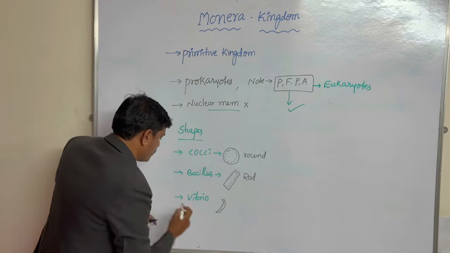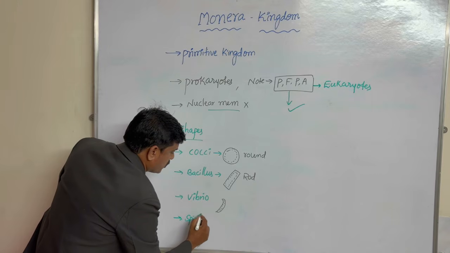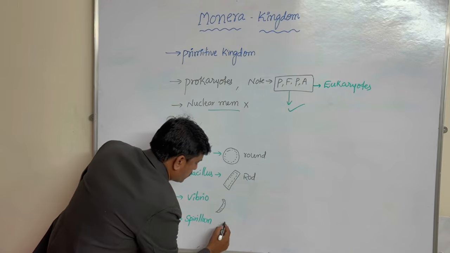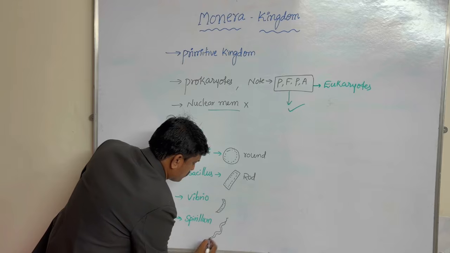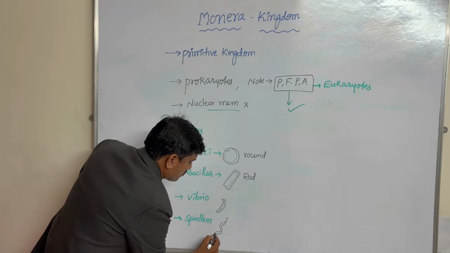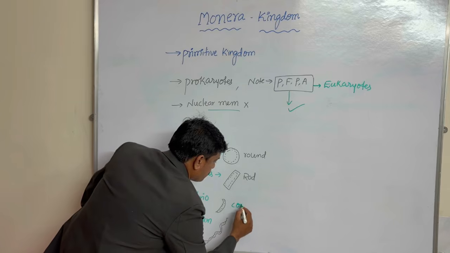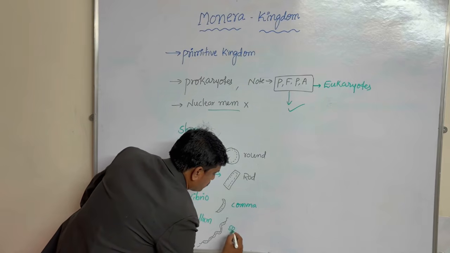The next one is Spirillum. Spirillum is spiral shape. This is comma shape and these are spiral.